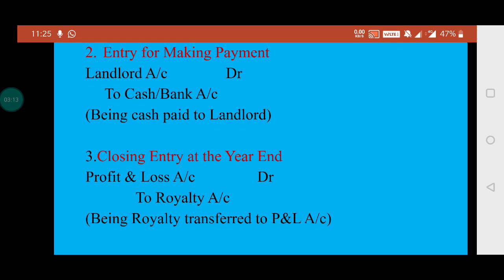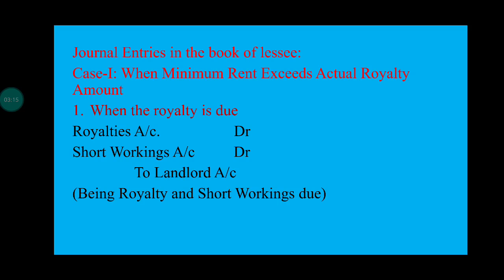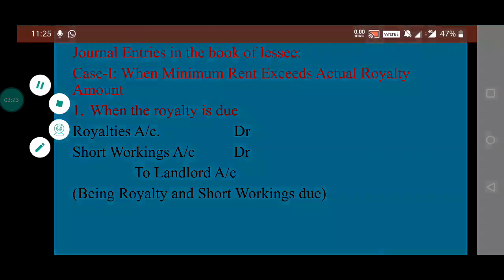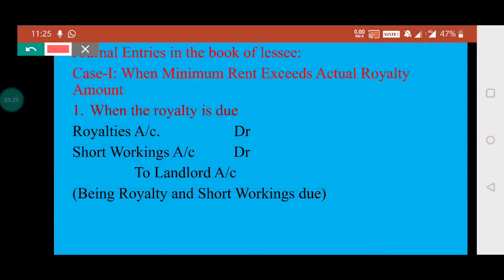Okay. So, in first case, when the minimum rent exceeds actual royalty amount. If your minimum rent is 50,000 and royalty amount is 30,000.